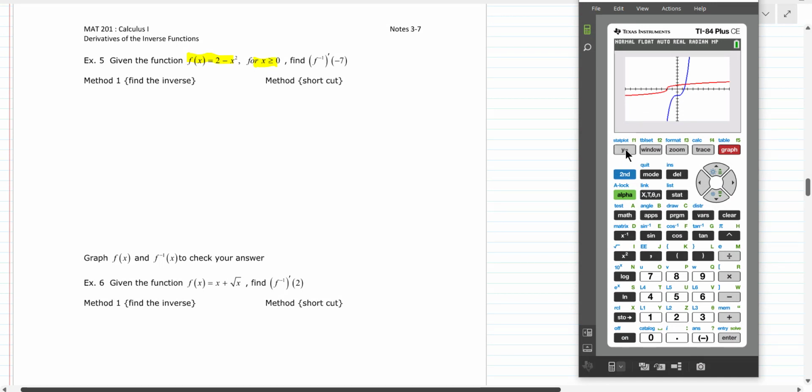If I graph 2 minus x squared, that's a parabola opening downward, and it fails the horizontal line test. But if we just let x be greater than 0, then we have the right part of the parabola, which is a one-to-one function, so that's why I'm doing that.